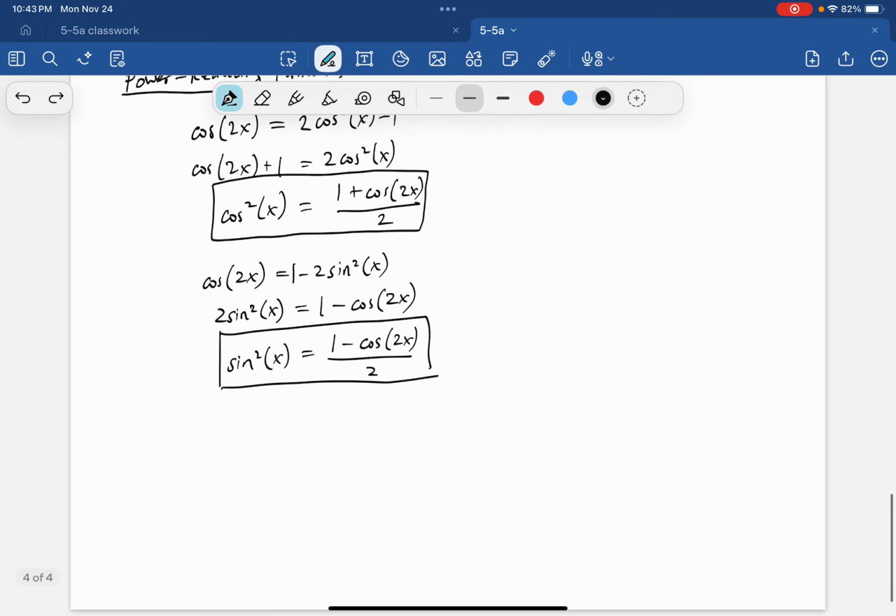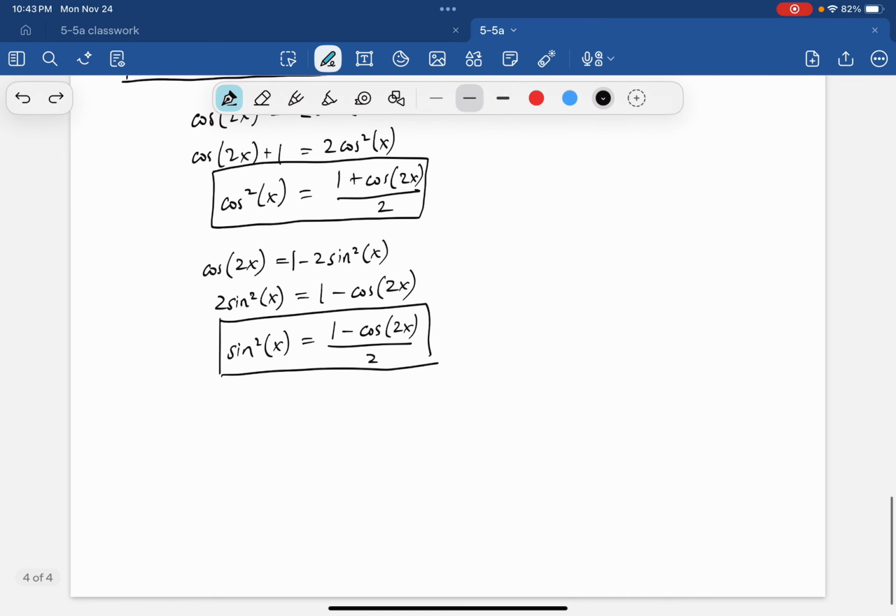So that's cosine squared, and that's also sine squared. Now you might be wondering, is there a tangent squared? The answer is yes, but we derive it differently. Tangent squared x also has a power reduction formula, but we do this by rewriting tangent squared as sine squared over cosine squared.